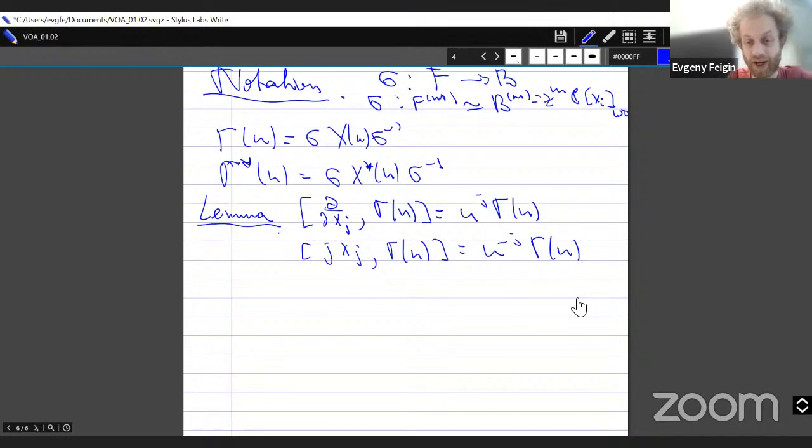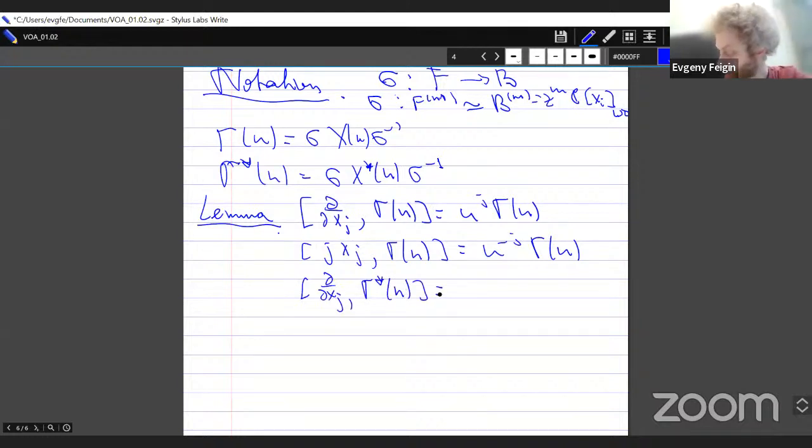And similarly, we have for gamma star. This is equal to minus u to the j gamma star of u.